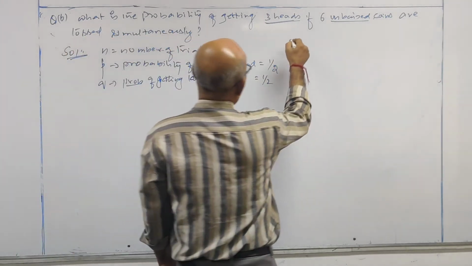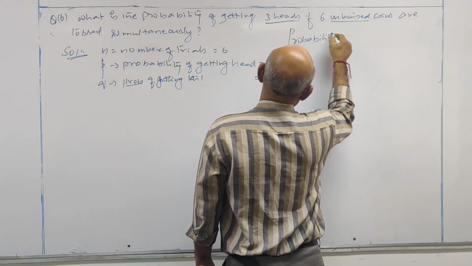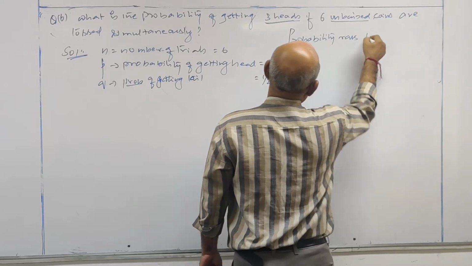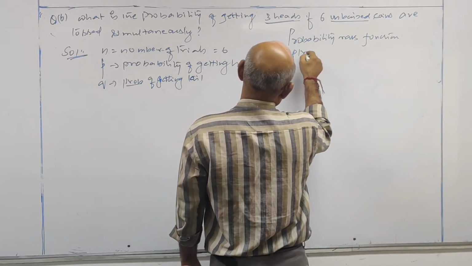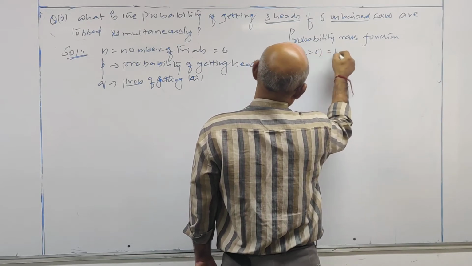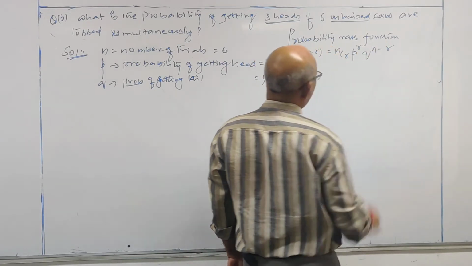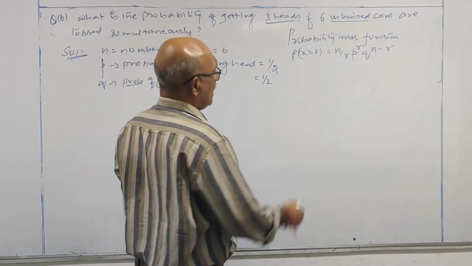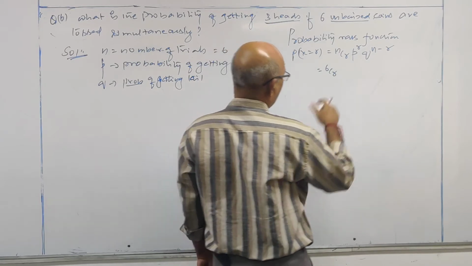What is your probability mass function? P of x is equal to r, this is nCr P to the power of r into Q to the power n minus r. N is equal to 6. r is the variable.